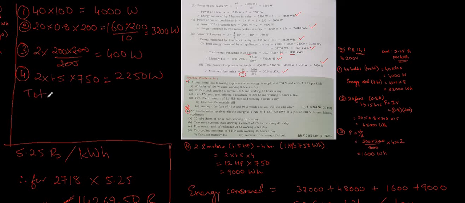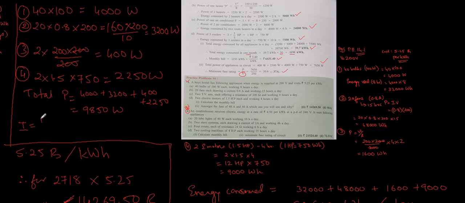So total power P is equal to 4000 plus 3200 plus 400 plus 2250, that will be 9850 watt.